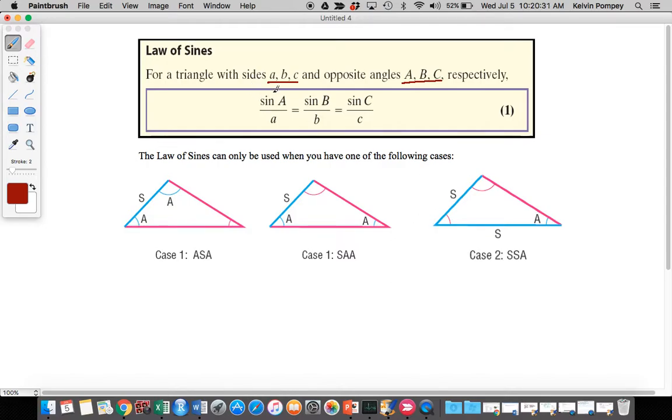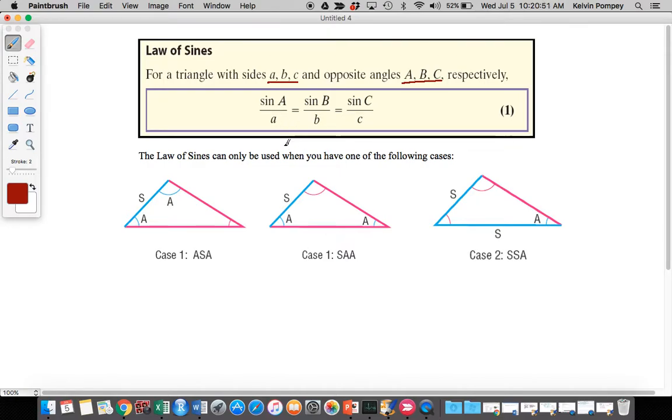And so as long as we do the ratio of the sine of the angle over the side length of the opposite side of that angle, then we have a true proportion, right? A proportion is an equation that equates two ratios.